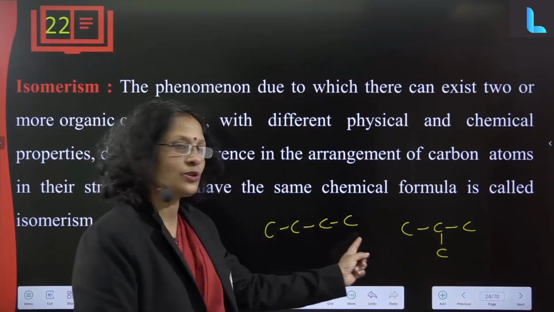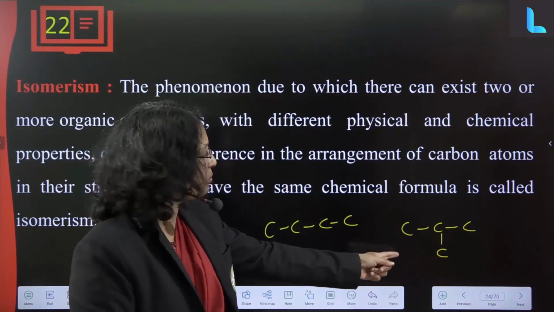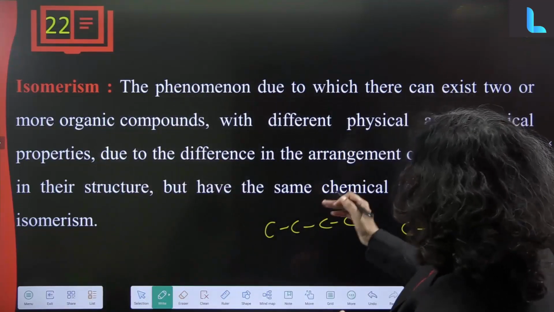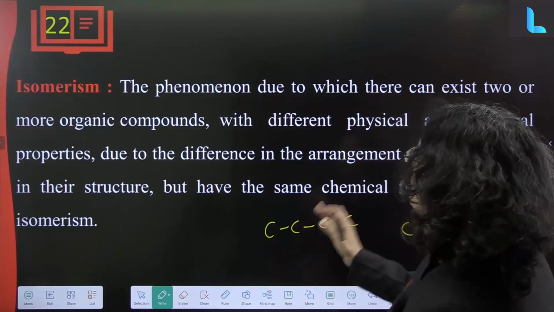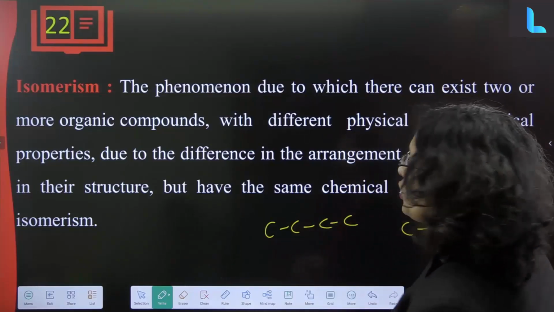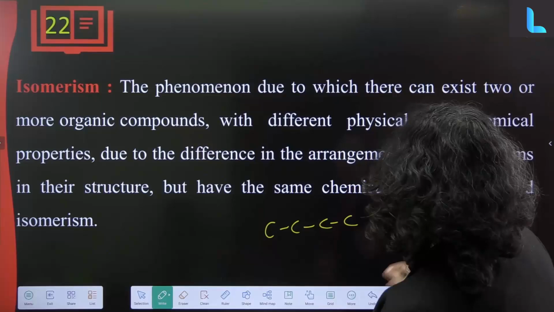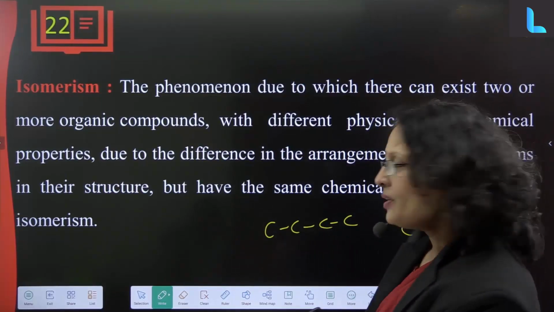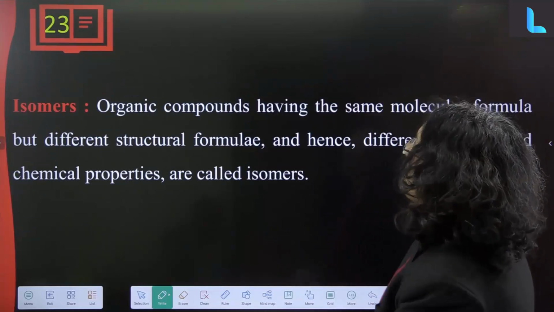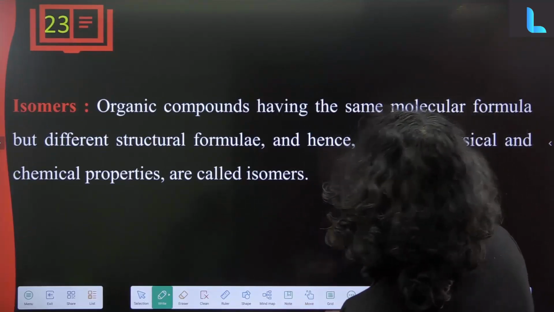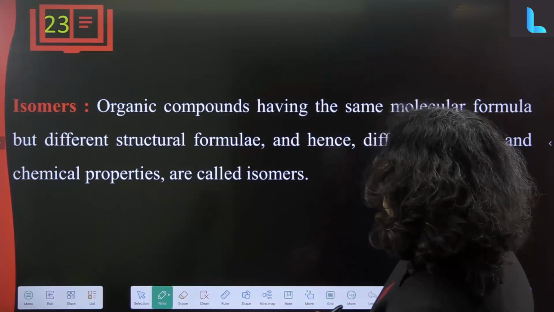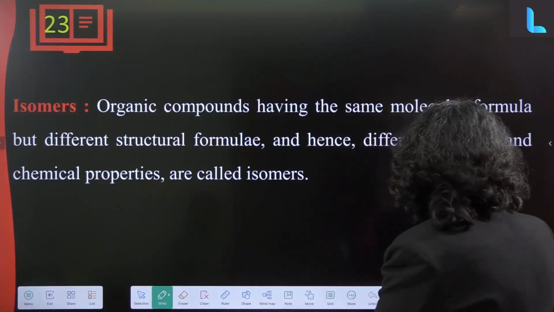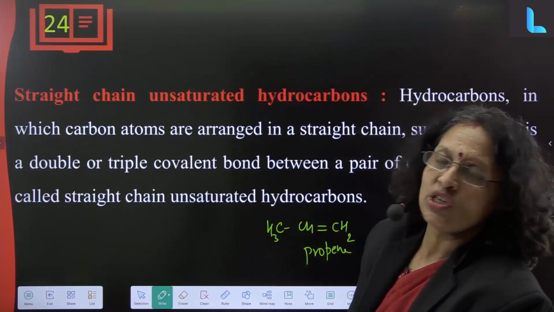But the arrangement you can see here is a straight chain, here a branch chain. There is one branch like this. So in this kind of structure, where the structural behavior is different, with different physical and chemical properties due to the difference in arrangement of carbon atoms in their structure, that phenomenon is called isomerism, and they are called isomers of each other. Okay. Now what are isomers? Having the same molecular formula but different structural formula, and hence different physical and chemical properties also, they are called isomers of each other.